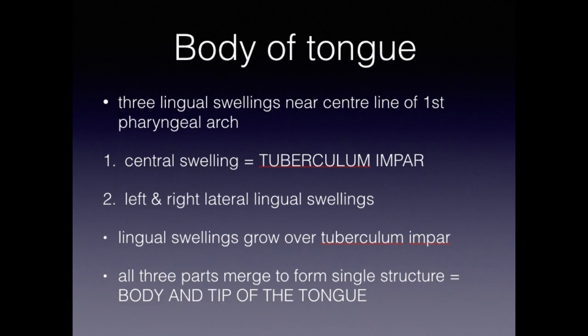So once these three swellings grow and unite, they're going to merge and form a single structure known as the body and the tip of the tongue. Eventually, the dorsal surface of this anterior two-thirds, the body of the tongue, will be covered in a variety of papillae.